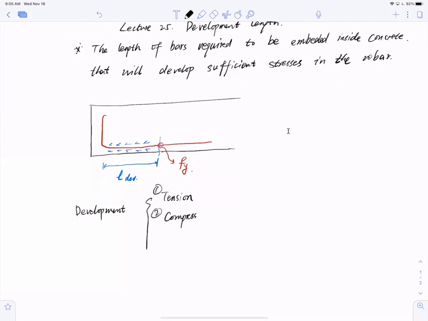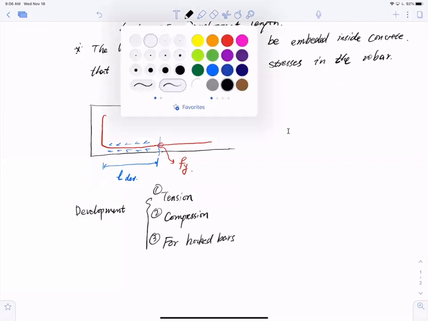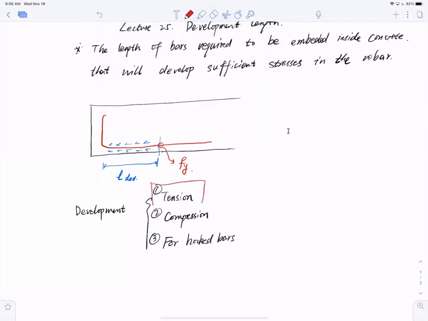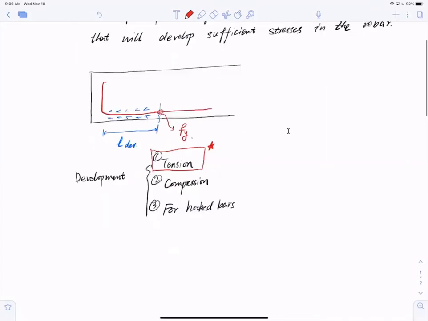We also have development length for hooked bars. These are different scenarios, but we mainly focus on the development length in tension in this lecture. It's the tension bars we're going to focus on.